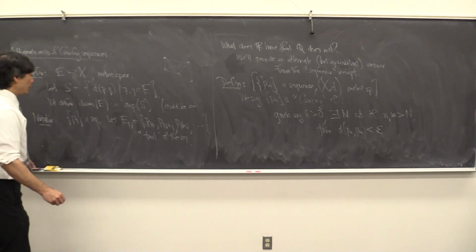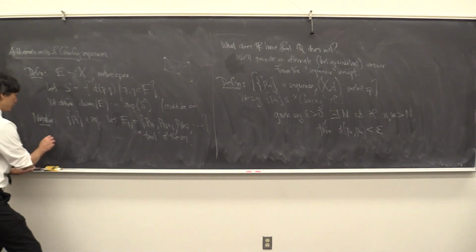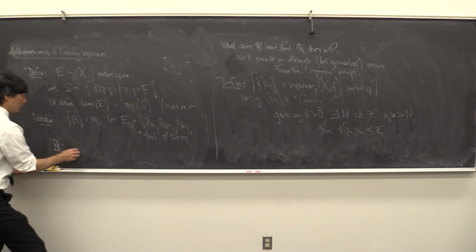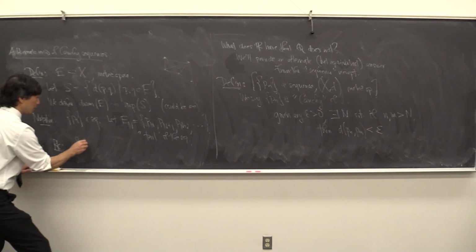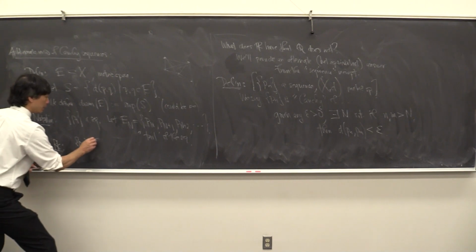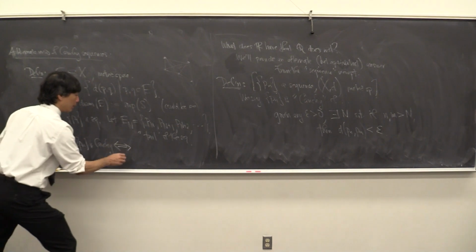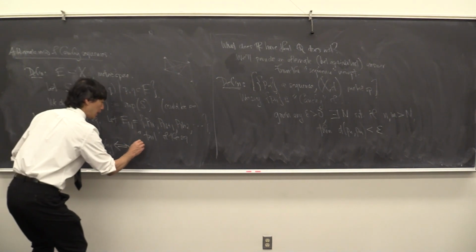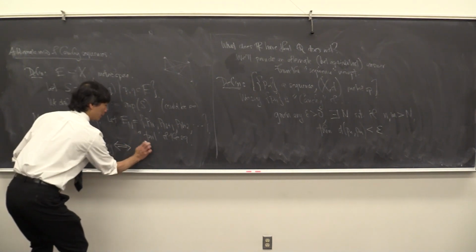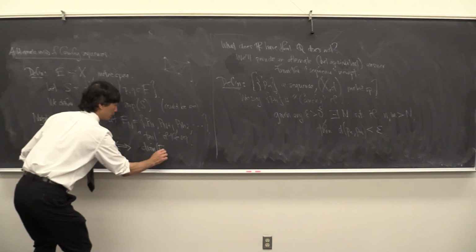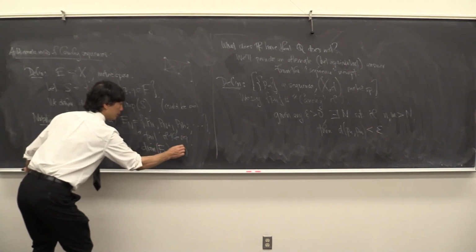Okay, so here's the point. A sequence is Cauchy if and only if the diameter of the tails goes to 0.